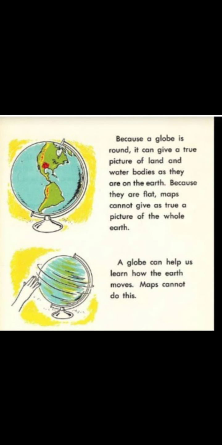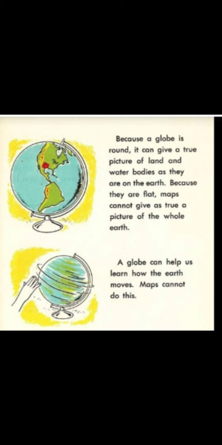So what is a globe? A globe is a round body which shows us the exact position of the water bodies and land bodies. The globe is round, but a map is flat, so a map cannot give us a picture of the whole earth, though we can make different maps.